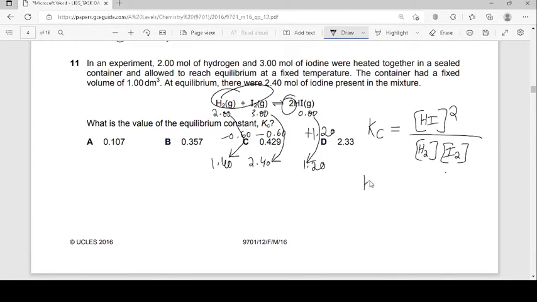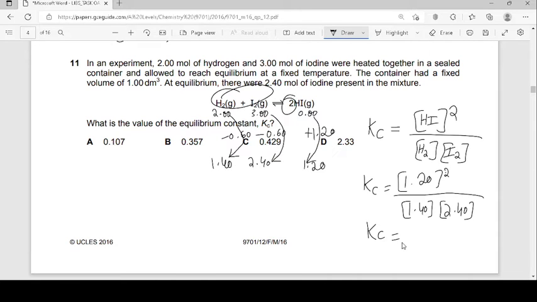So now if I want to find Kc, it will be 1.20 squared. Now I'm using square brackets. The reason behind using the square brackets is that the standard chemistry convention is that square brackets represent concentrations, and we're talking about concentrations. So yeah, you can write down V here, or if you don't want to, don't write it because it's paper 1 first of all, and V cancels out. But for paper 2 I would go the extra mile and show the working, honestly.